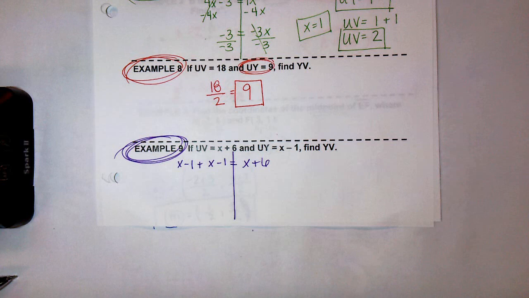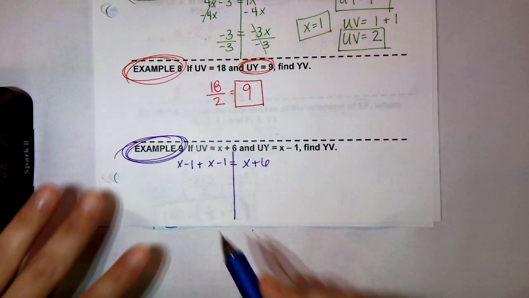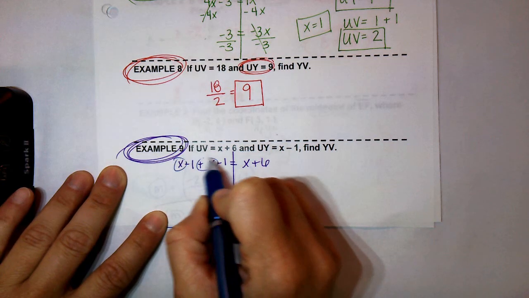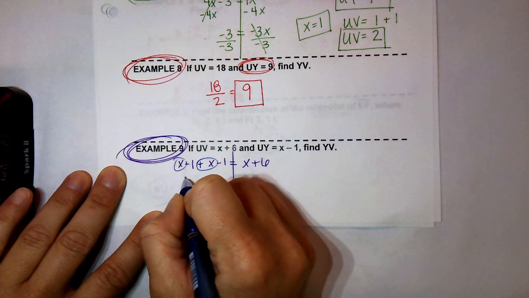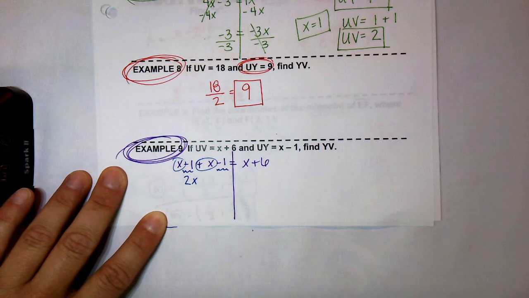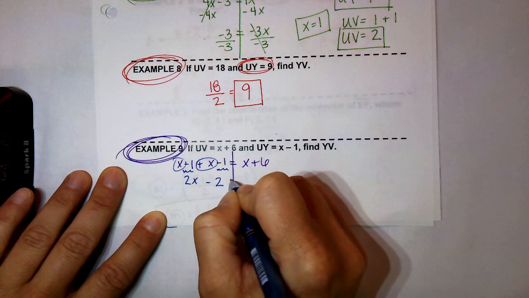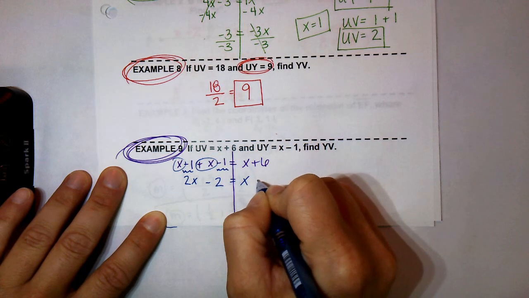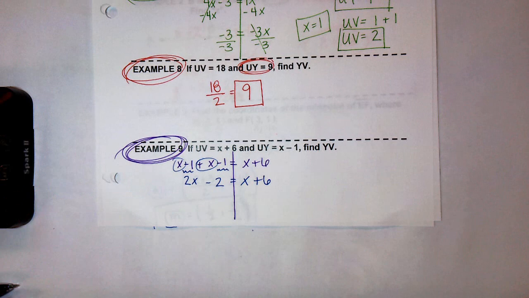Now I'm combining like terms. So x plus x is 2x. Negative 1 plus negative 1, negative 2 or minus 2, and then equals x plus 6. Get all your x's to one side, all your numbers to the other.